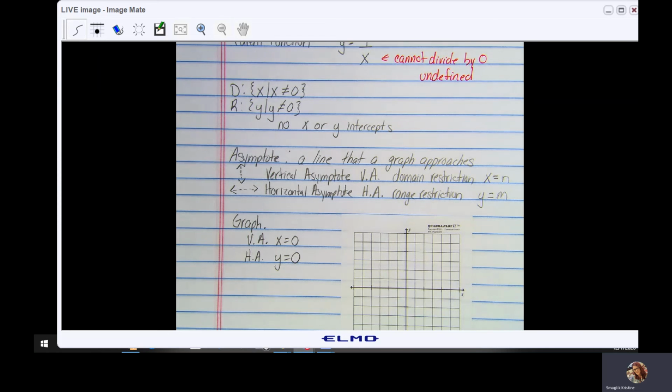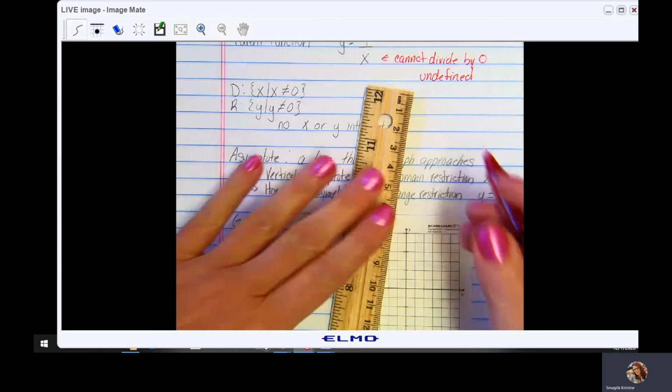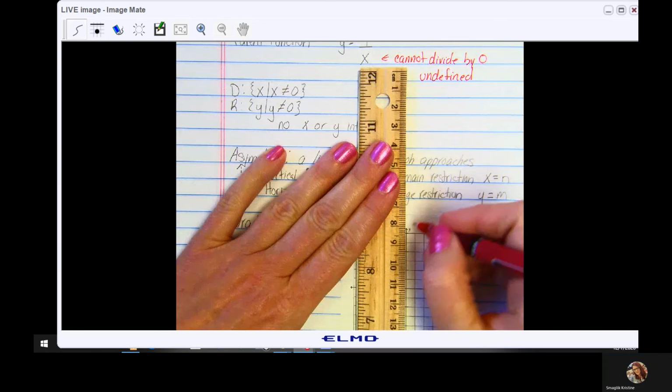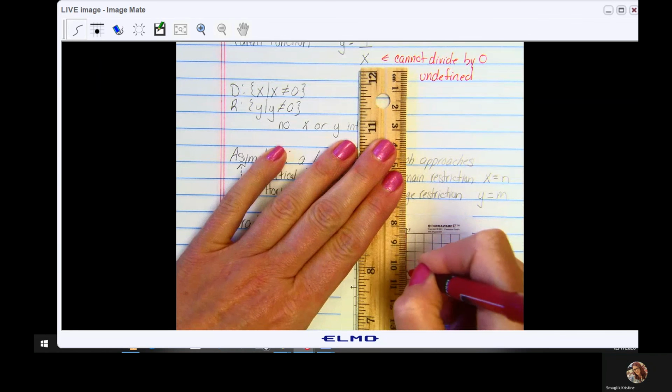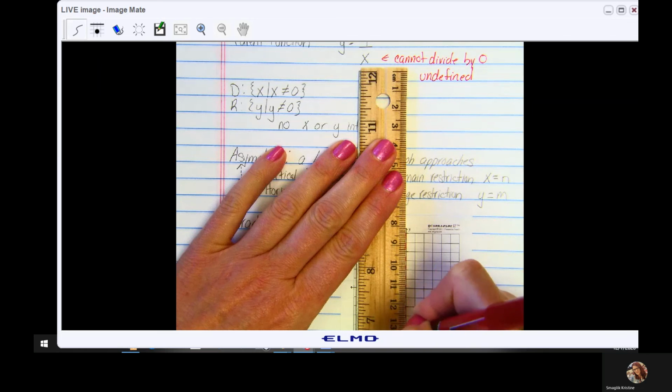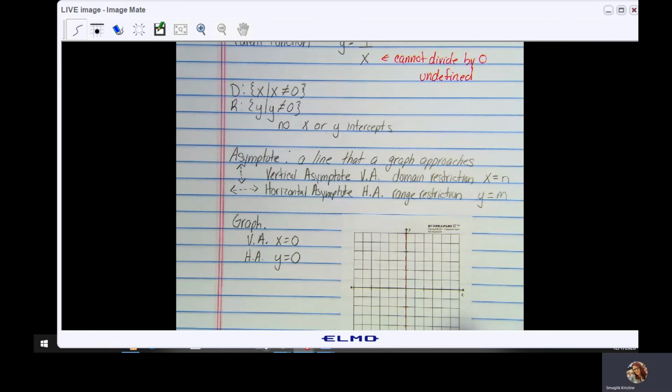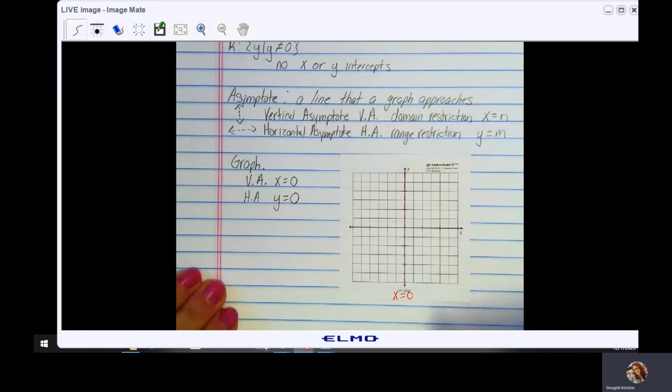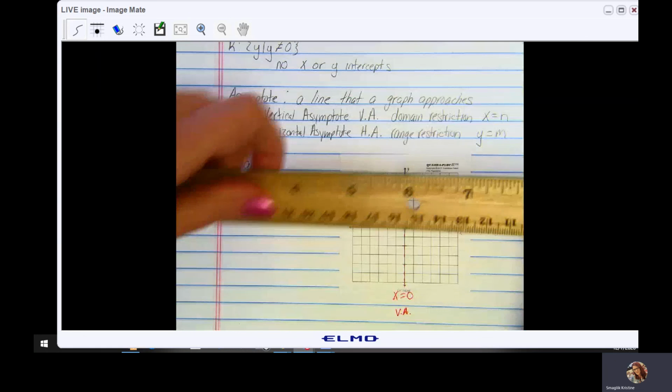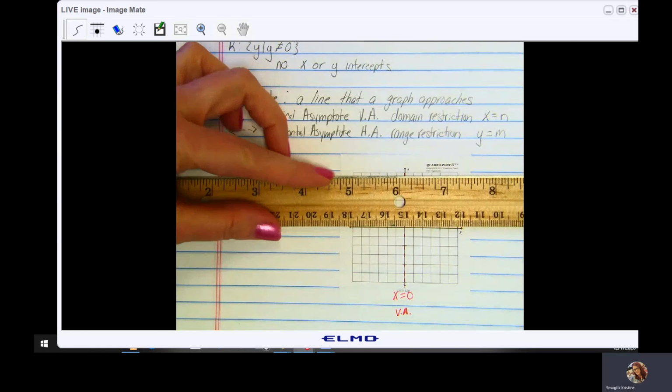So I have a vertical asymptote at x equals 0. Well, that's your y-axis. And that is my vertical asymptote. And then you have a horizontal asymptote at y equals 0, which is your x-axis. So that is right here.